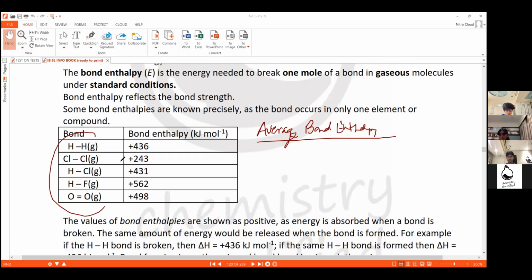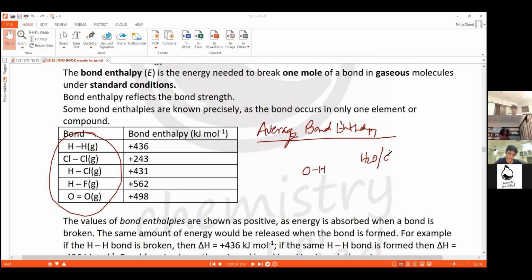For these molecules, you cannot use the word average because those are the only molecules in which they are found. But then which molecules will be average? I just took one example, O–H. Which molecules will have an O–H bond in them? H2O. Any more? Yes, COOH. All the alcohols will have it, like methanol, propanol.